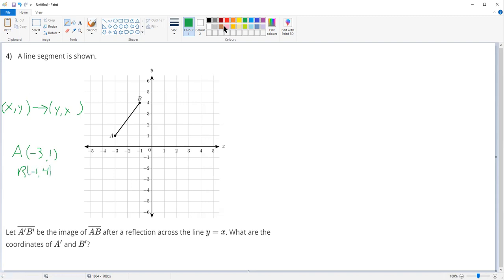So you apply this algebraic expression to it, (y, x). You apply that to it.